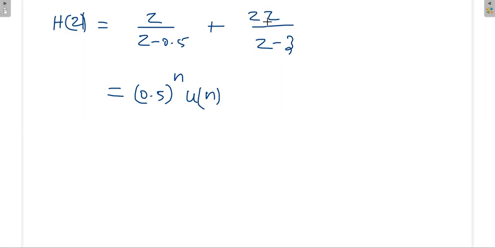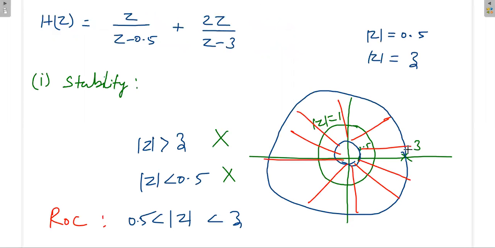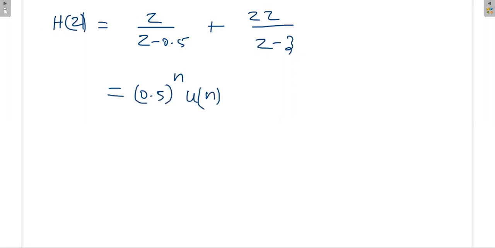Again, with respect to 3, the bigger circle, where is the ROC? ROC is inside. That means left-sided. So the second term is a left-sided signal. We know that whenever the signal is left-sided, we'll be getting minus here. Already 2 is there.